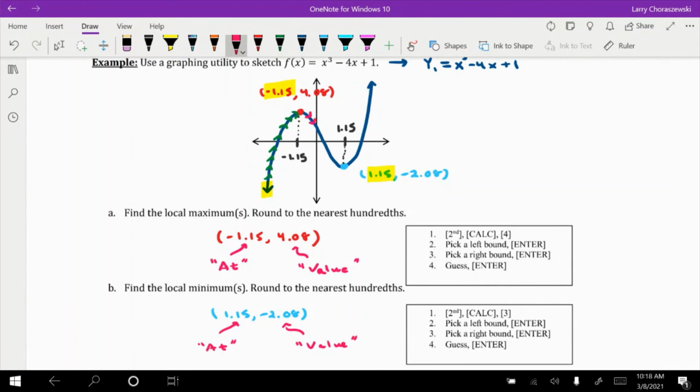Decrease. Okay? And then once we reach this local minimum, the graph continues on the rest of the way with increasing. You got it.